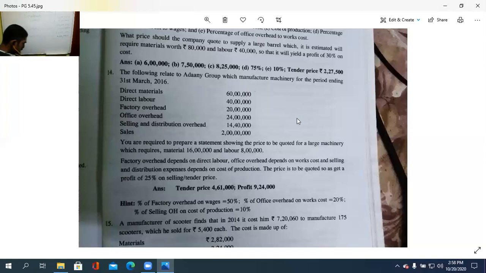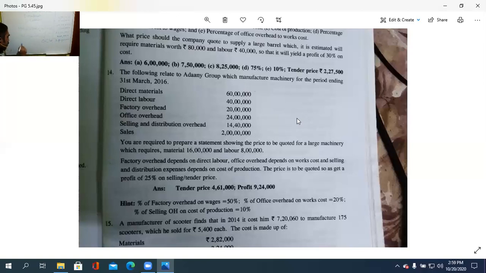So plus 28 lakhs, it is 33 lakh 60,000 annually. Okay, that is the office cost or cost of production.